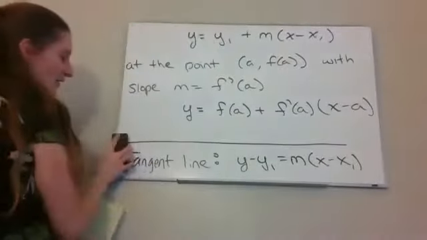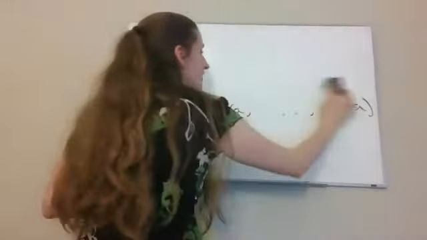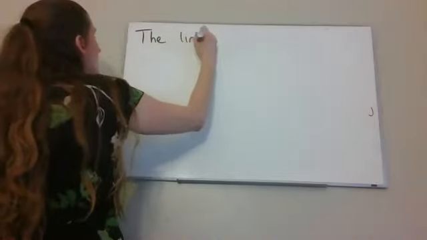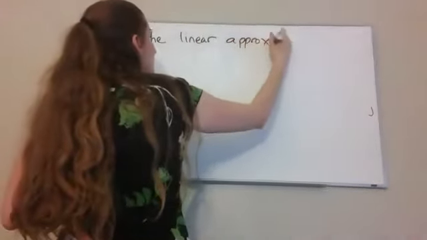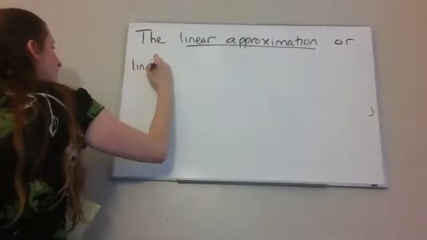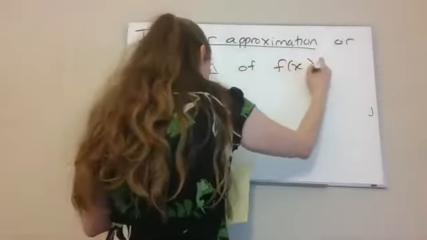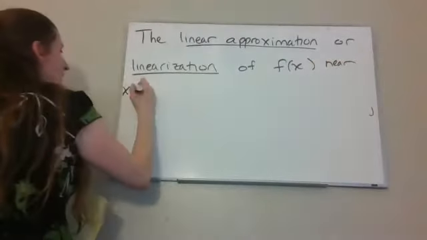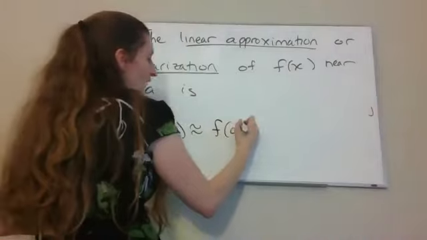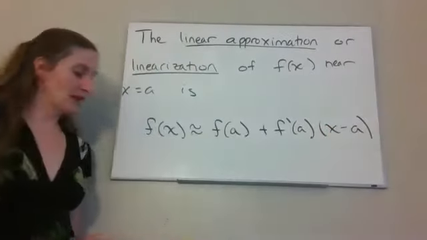Now, let me actually give you the definition of the linear approximation or the linearization of a function at A. The linear approximation or linearization of f of x near x equals A is f of x is approximately equal to f of A plus f prime of A times x minus A. And does that look familiar?